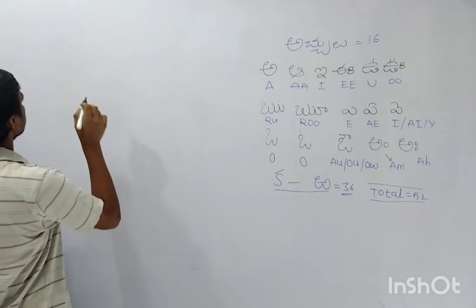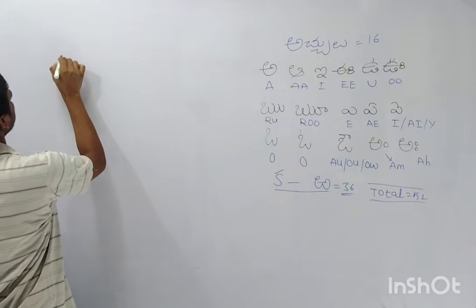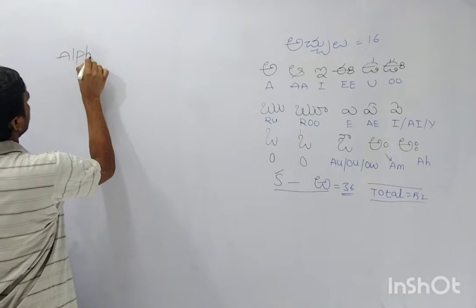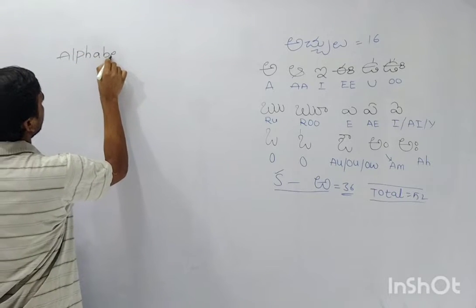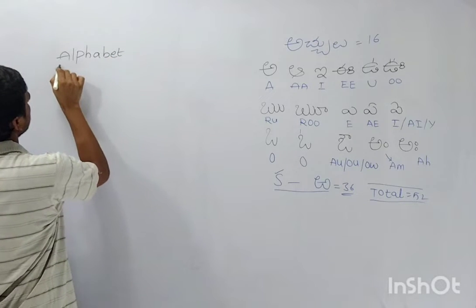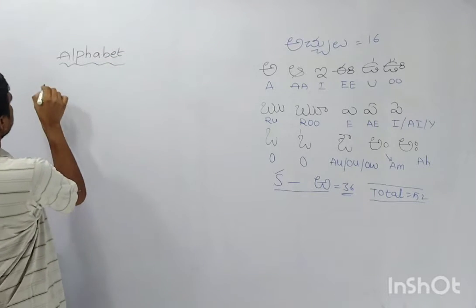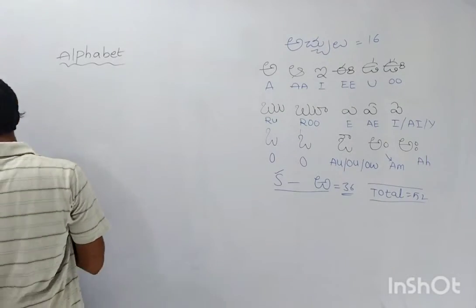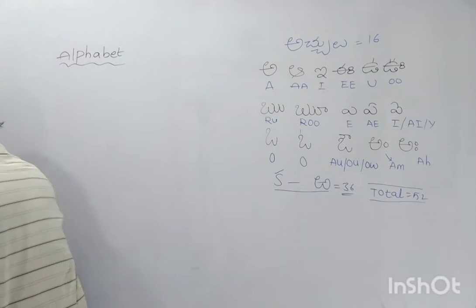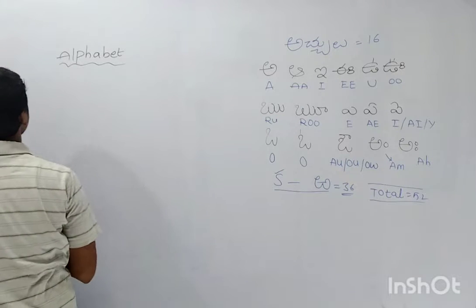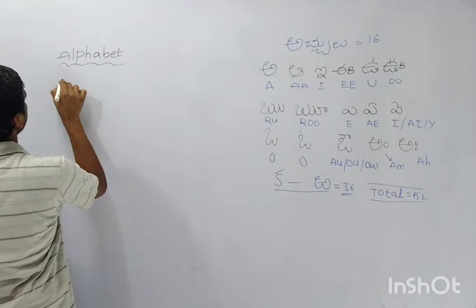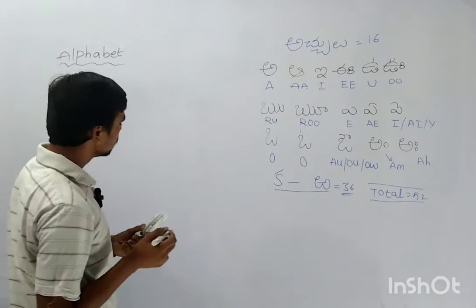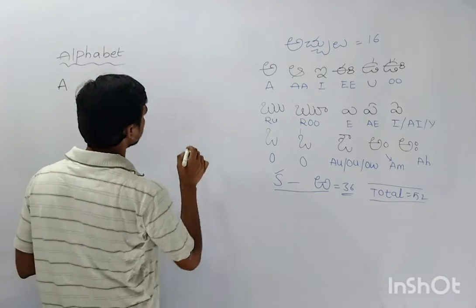English alphabet. So now sound alphabet is very important, right? Now I am writing A. You will easily understand. Very simple thing. So first I am writing here, you can easily understand.